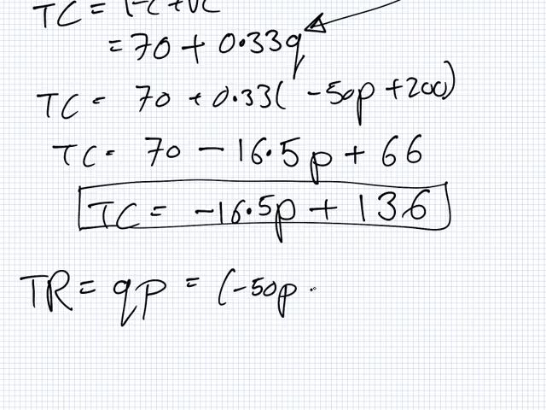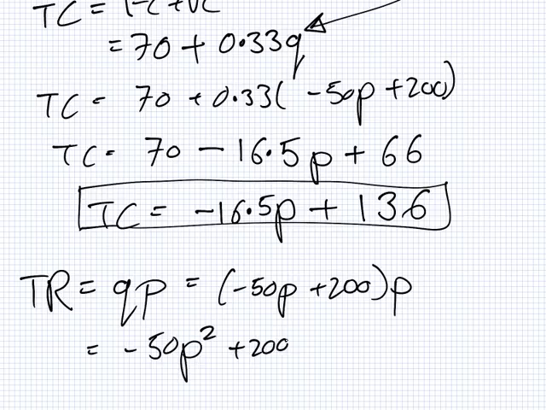Minus 50p plus 200 times P, which is minus 50p squared plus 200p. If they sell the coffee for 0, how much money do they get in? 0, no surprise. If they sell it for 4 euros, how much money do they get in? This will be 0, because at 4 euros nobody buys it, and the sales is 0.